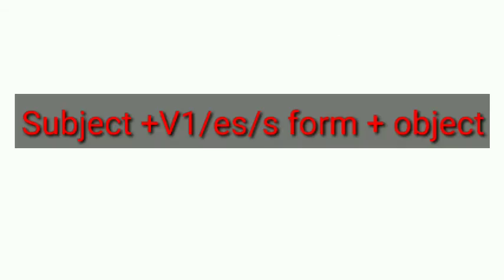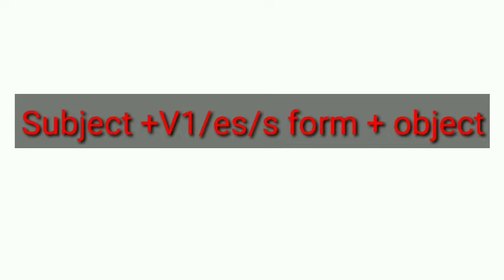Now students, try to understand the structure of simple present tense. Students, first we use subject, after that verb, that is V1, and along with that we can also use s or es form if your subject is third person singular, such as he, she, it.